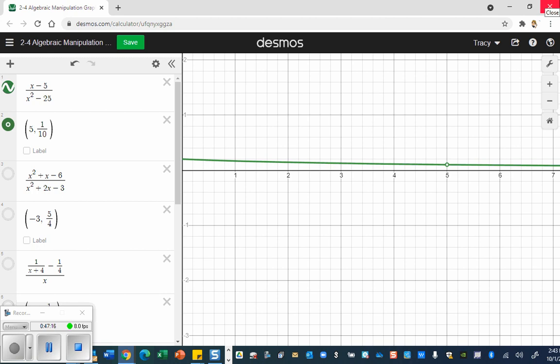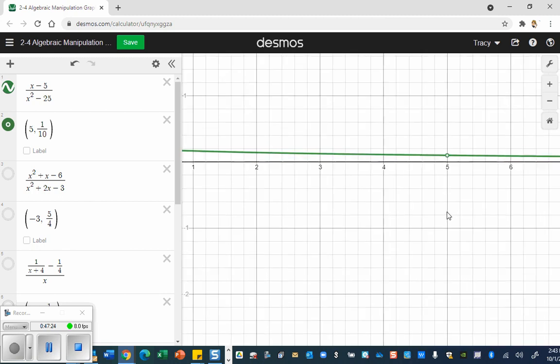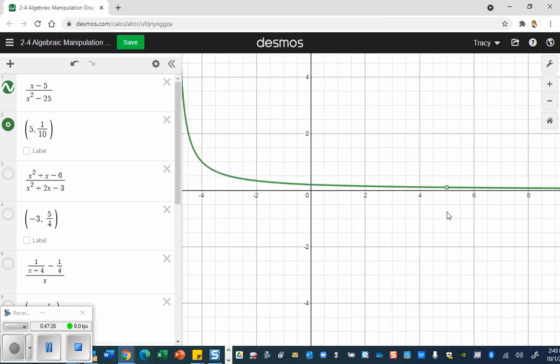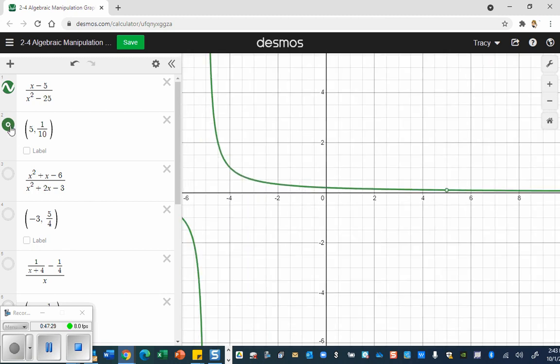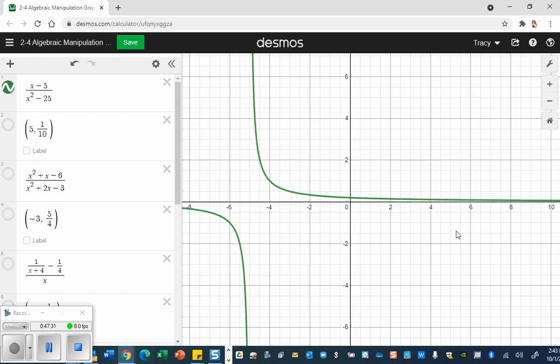So when we were talking about getting 0 over 0 when we plugged in our limit, that's what the hang-up was. You couldn't see it until I highlighted it, until I showed you what that ordered pair was, because what ended up happening was we canceled out x minus 5 from the numerator and denominator.